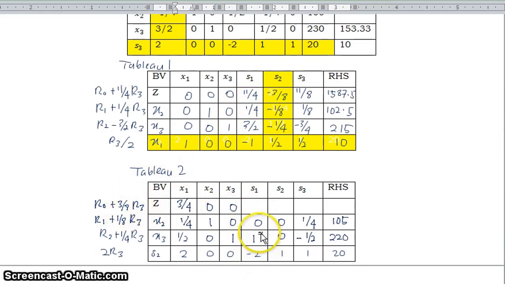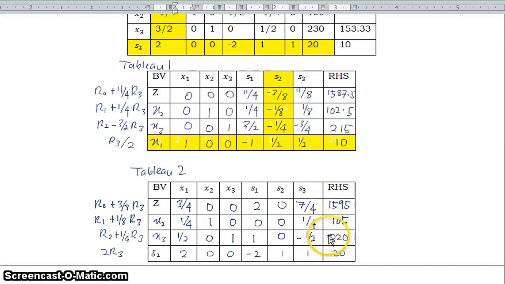We get 2. And S2 is -3/8 plus 3/8 times 1 is 0. S3 is 11/8 plus 3/8 times 1 give us 7/4. And the right hand side, 1587.5 plus 3/8 times 20. We get 1595.